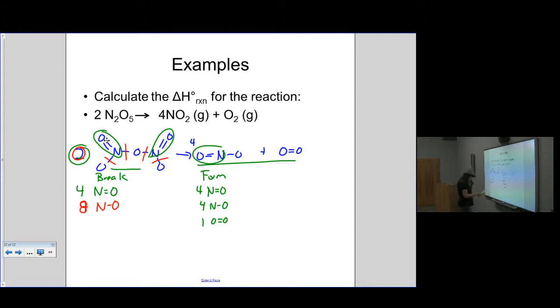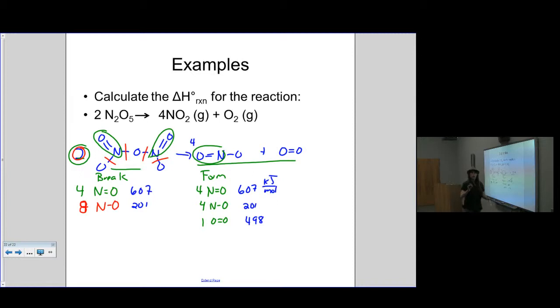So you're going to look in your book and you're going to find that this one is, I think, 607. This is 201. This is obviously 607. Oh, and this is kilojoules per mole. This is still 201. And the oxygen is 498, still in kilojoules per mole.